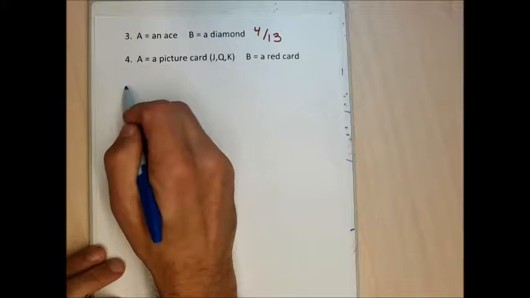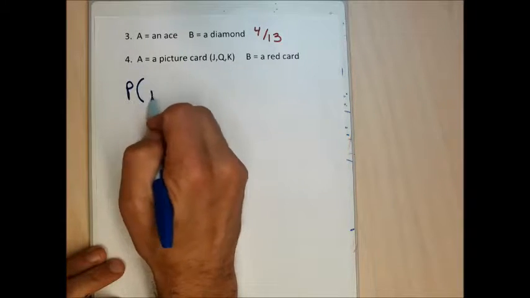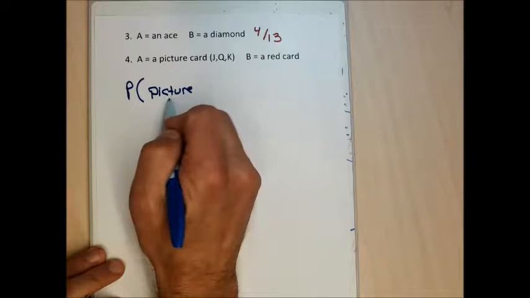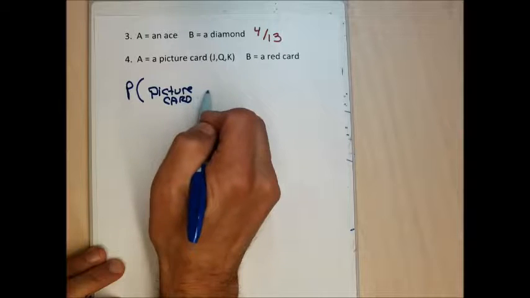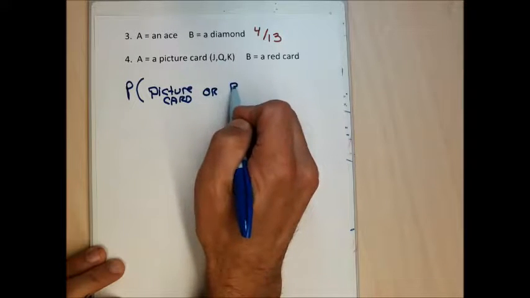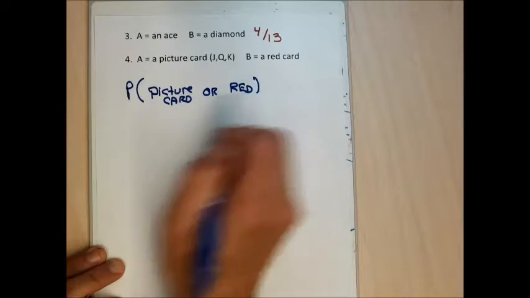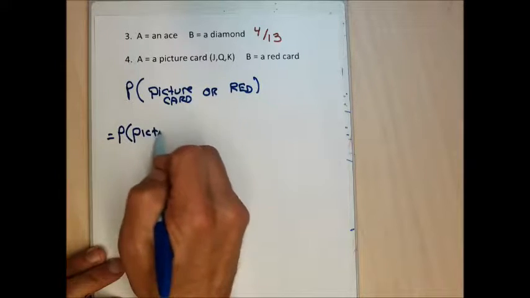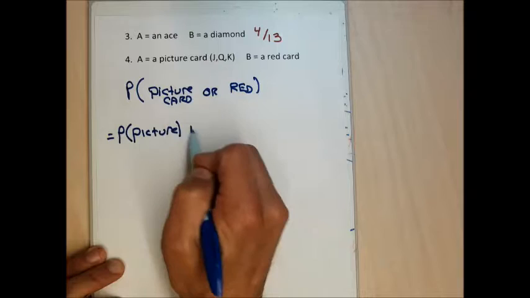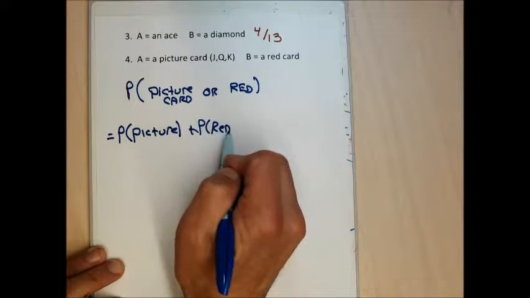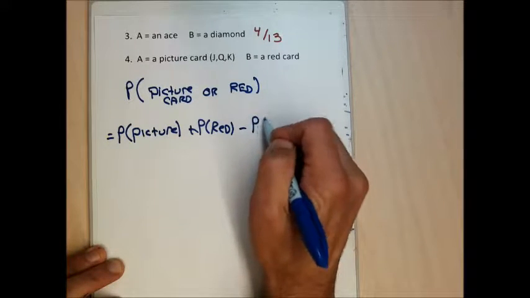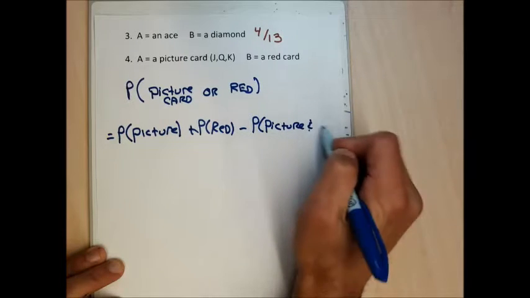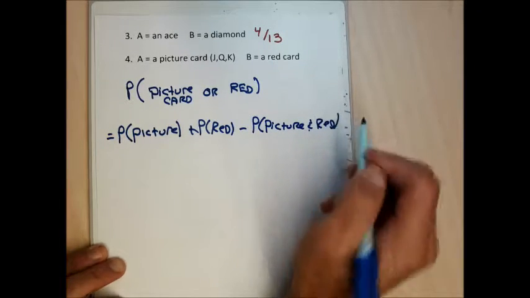So it's asking me what's the probability that I get a picture card, sometimes we call those face cards, or a red card. That's the same as the probability of getting a picture card plus the probability of getting a red card less the probability of getting a card that's both a picture and red. I use a little symbol for and because I was out of room.